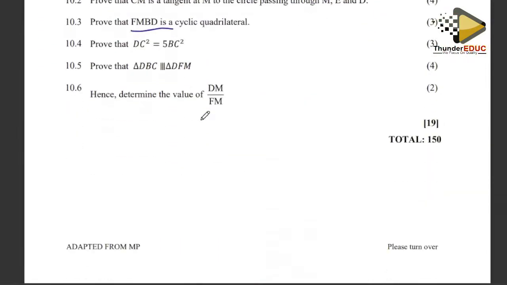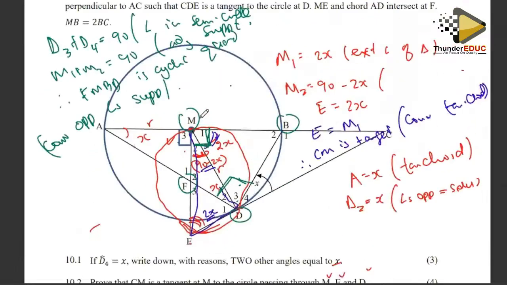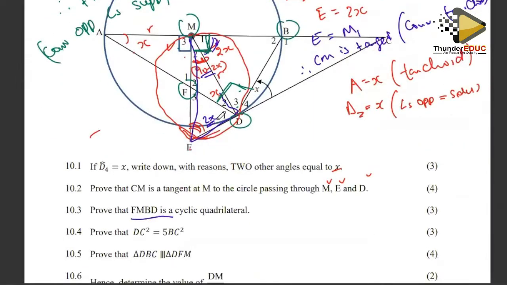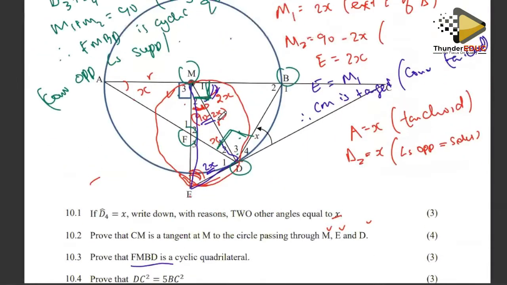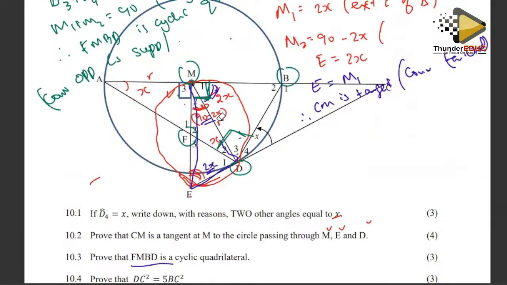Then prove that DC squared is the same as 5BC squared. Okay. So what you need to do in this case, let me just erase this part here so that I can write it where people can see. Okay, so we're going to focus on triangle DBC and DFM.